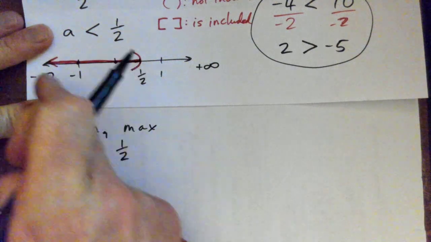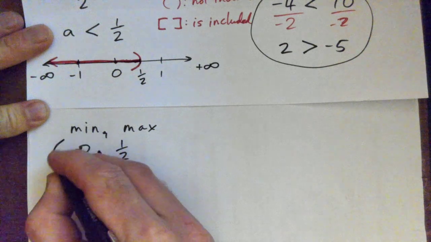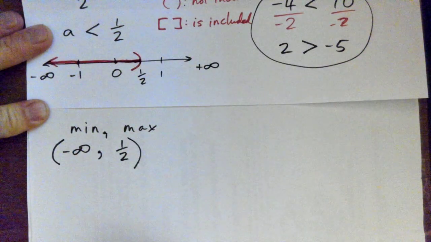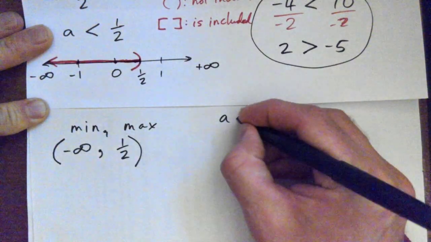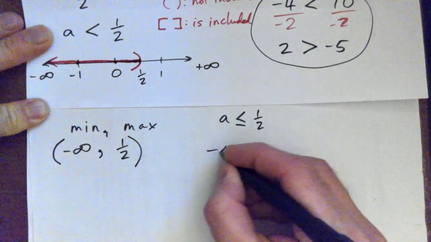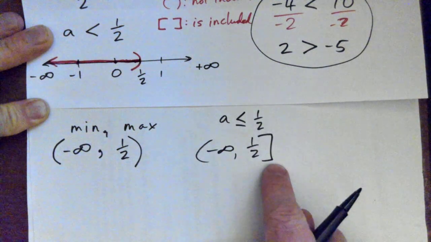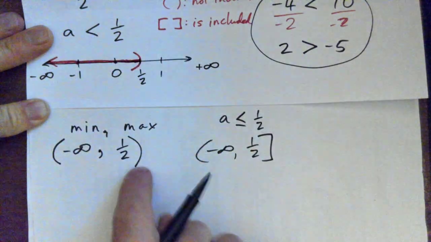You can never reach negative infinity because it's just a concept, it's not actually a number. And so that's not included, and the half is not included. Make sense? And if it was, for example, a is less than or equal to 1/2, it would look like this. It would have a square bracket. But because it's just less than a half, that's got the parenthesis, right?